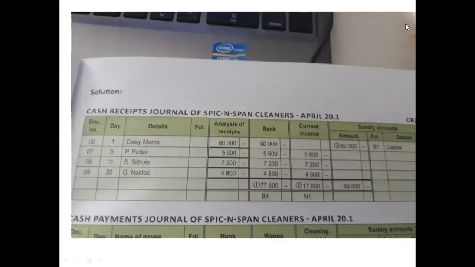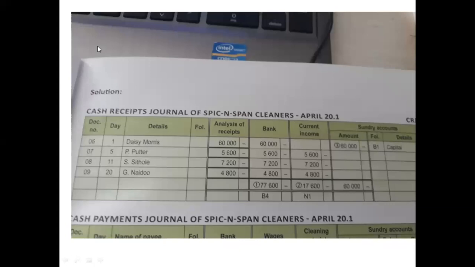So there you will see the completed CRJ, but we are going to work through that right now. I just want you to look at the format, the columns. The first is the document number column, which is your source document. Then the day on which the transaction happened. Details, where you normally look for the name of a person.